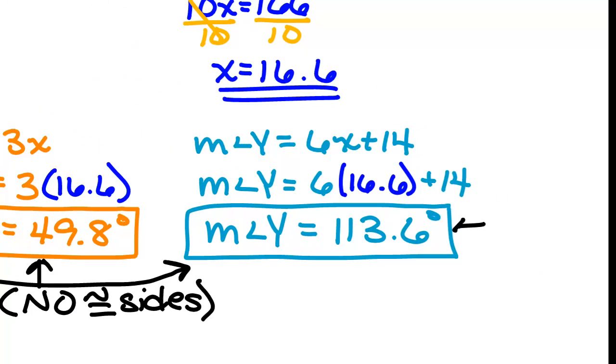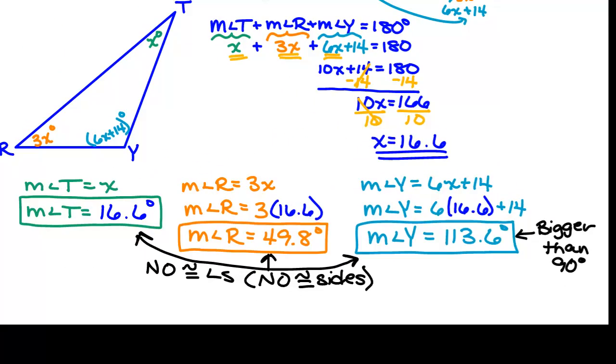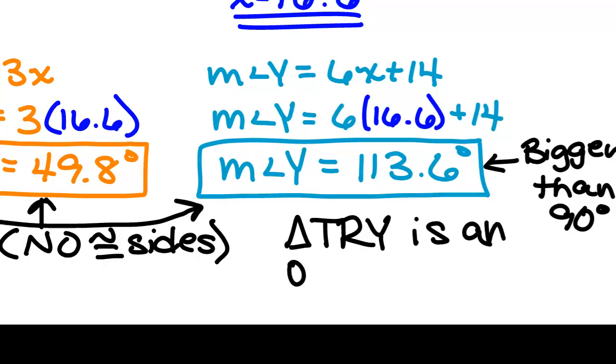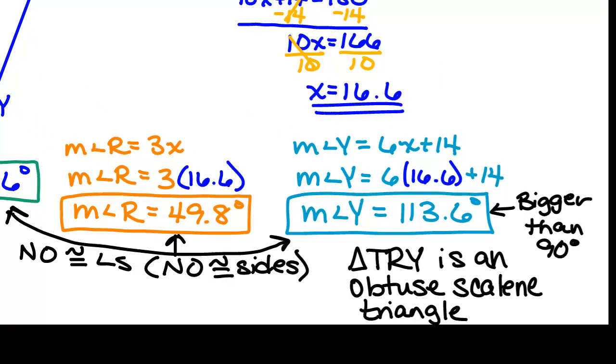Yes. This one right here. If I have one angle that's bigger than 90, then we say it's what kind of triangle? Obtuse, yes. So I can say triangle TRY is an obtuse scalene triangle. Nicely done.